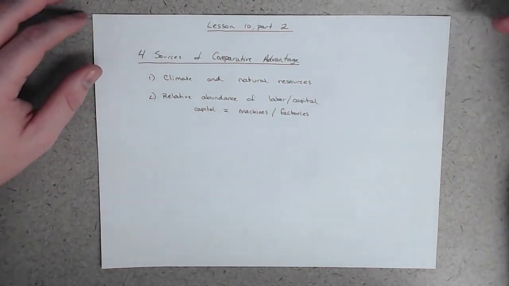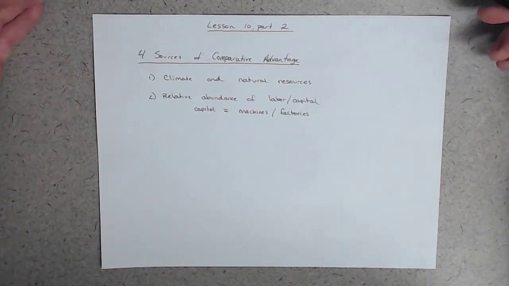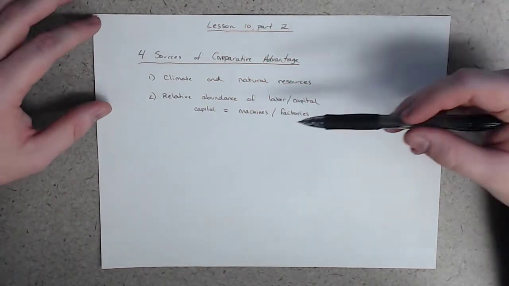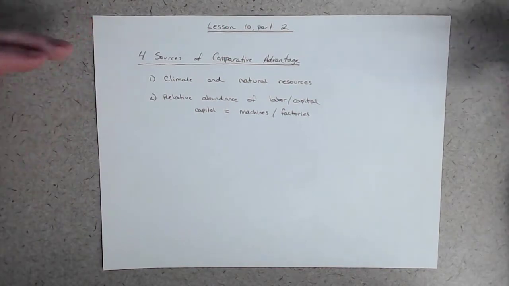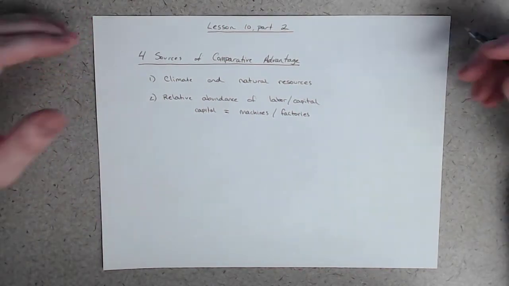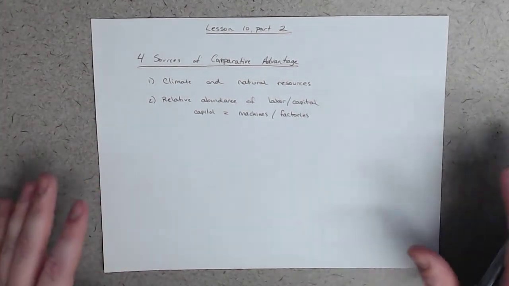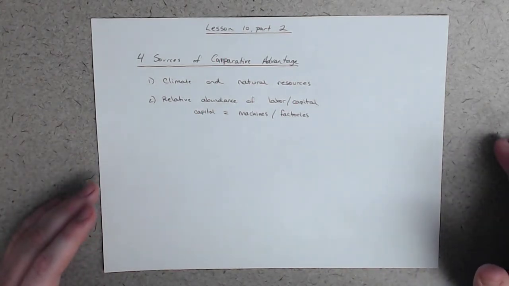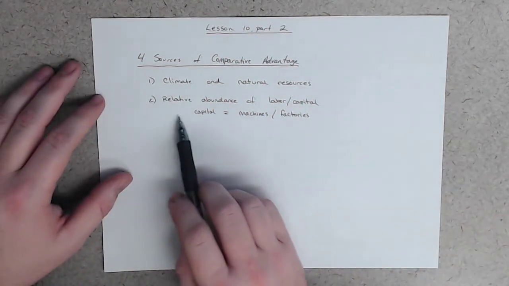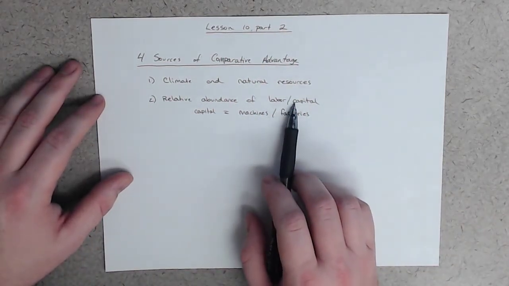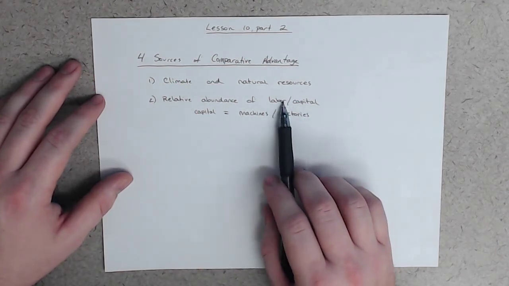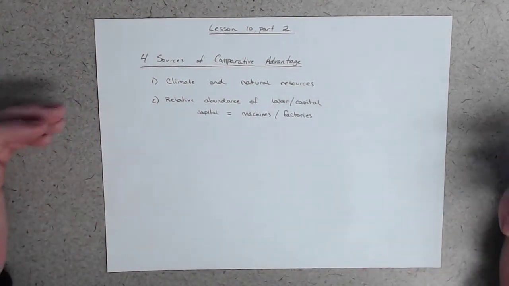And if I told you that places like Germany or Switzerland, or any other country where there are lots of machines and factories, specialize in producing things that require factories and machines, that probably wouldn't be surprising either, right? So here we're just saying countries that have lots of labor relative to capital use labor to produce things, and countries that have lots of capital relative to labor use capital to produce things.